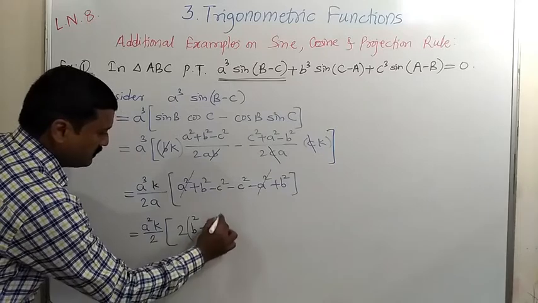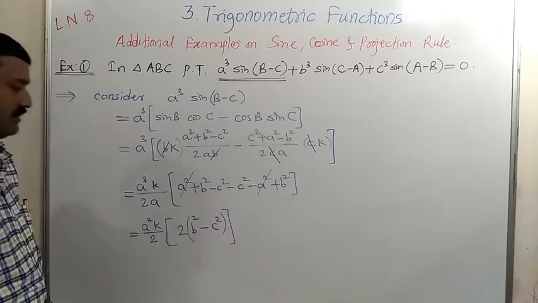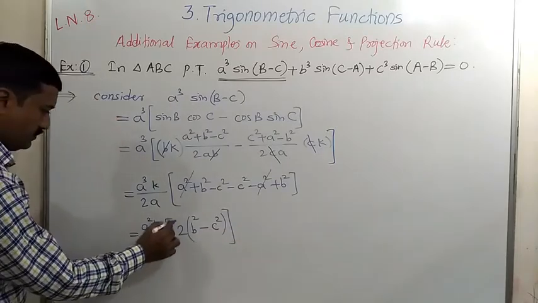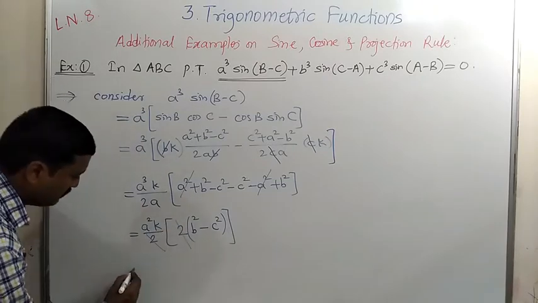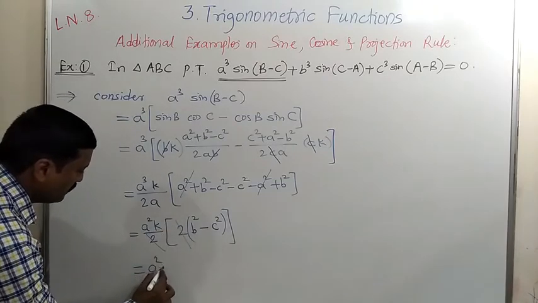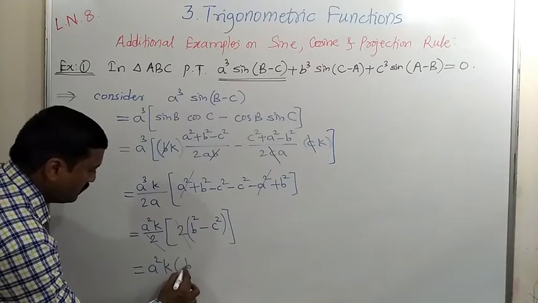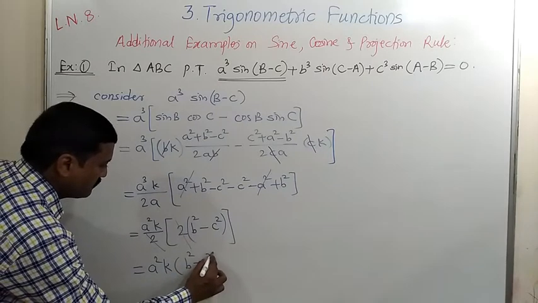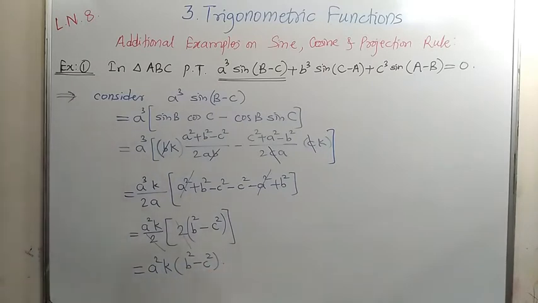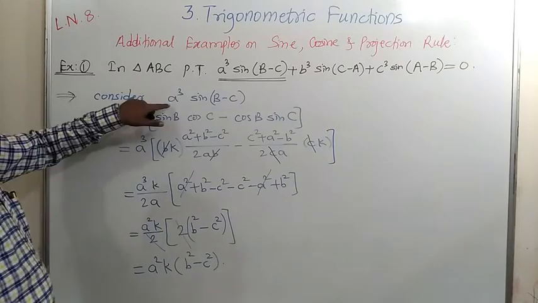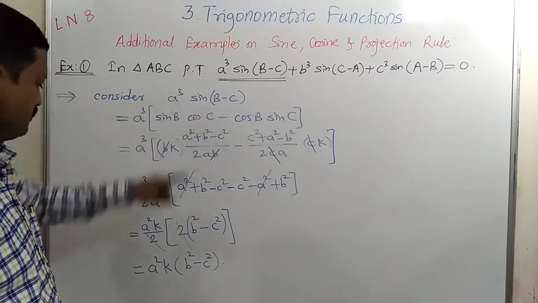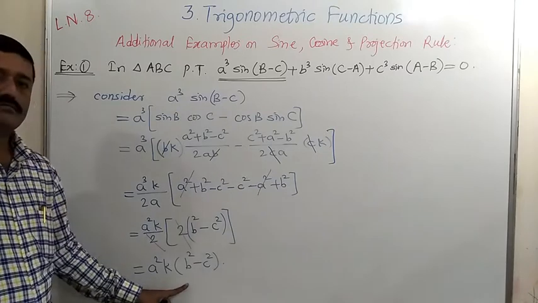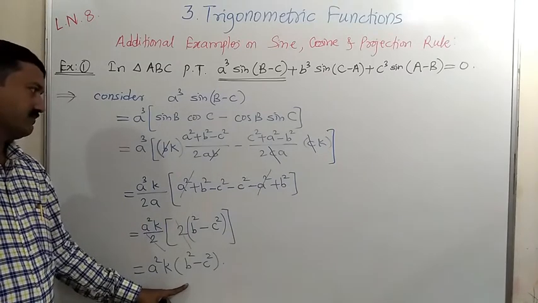Cancelling the two, remains A square K in bracket B square minus C square. So this is another form of the first term: A cube sine B minus C is equal to A square K into B square minus C square.